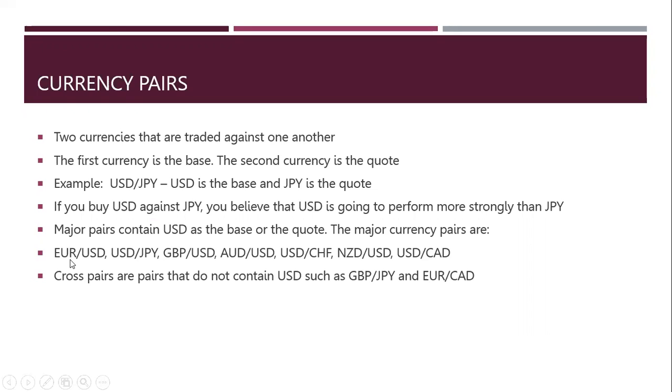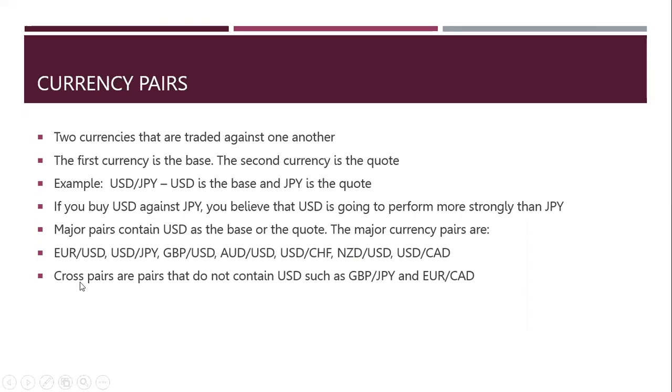You have the Euro USD, USD JPY, GBP, which is the Great Britain pound against USD, the AUD USD, USD Swiss, New Zealand dollar USD, USD CAD. Okay, these are considered major pairs.